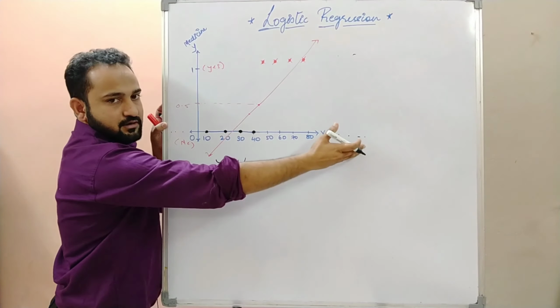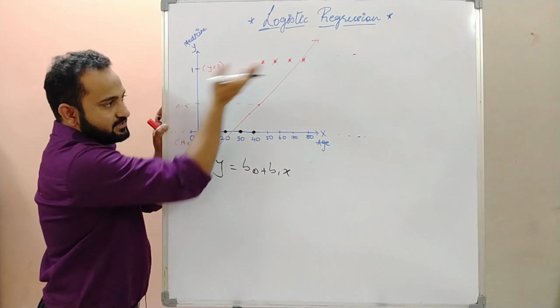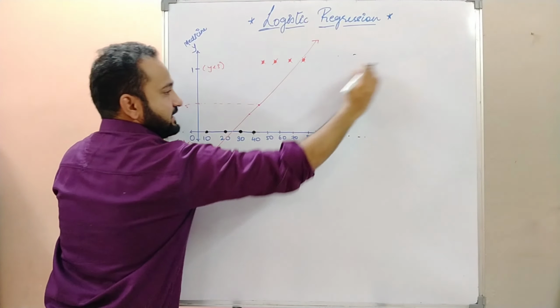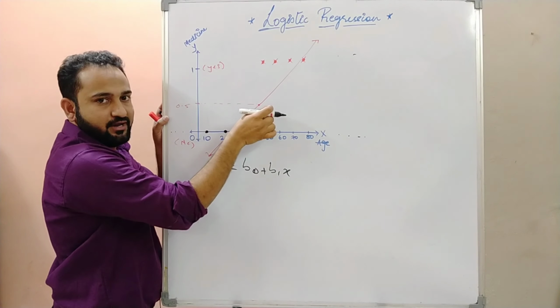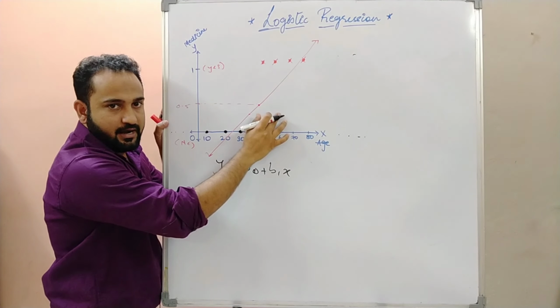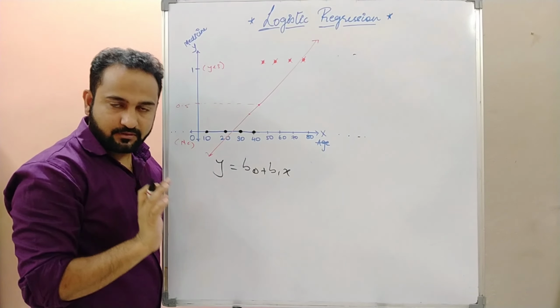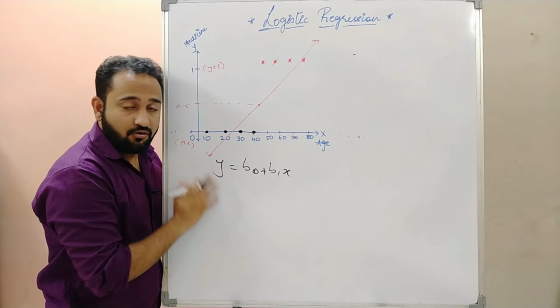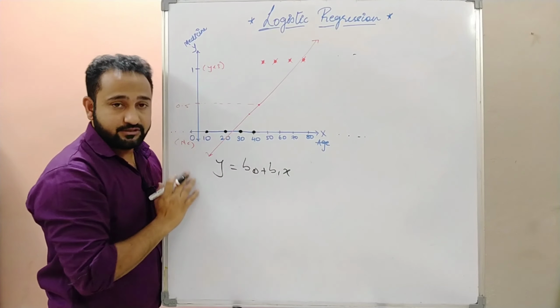If I go with linear regression, this won't be the line. The line will be changed. The line will be somewhat more horizontal. We'll have a line something like this. Now the 0.5 value will be changed for it, and the prediction will be wrong. Getting what I'm saying? So linear regression won't work for all the values all the time in such cases.